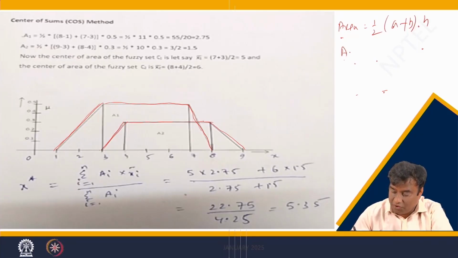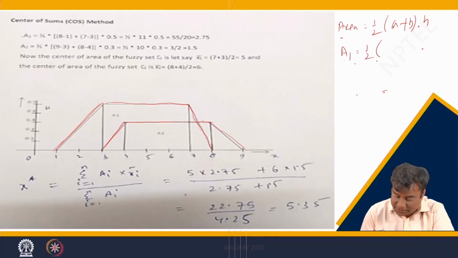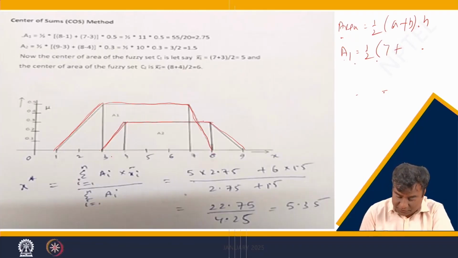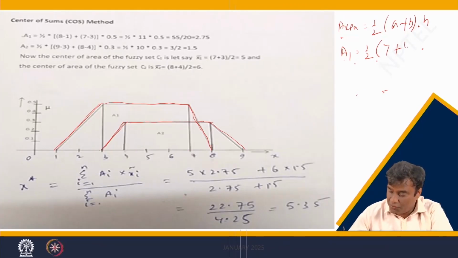So here the area of A1 is half the sum of the sides, that is 8 minus 1, 7, plus 7 minus 3, 4, and the height is 0.5, so 11 by 4, that is 2.75.